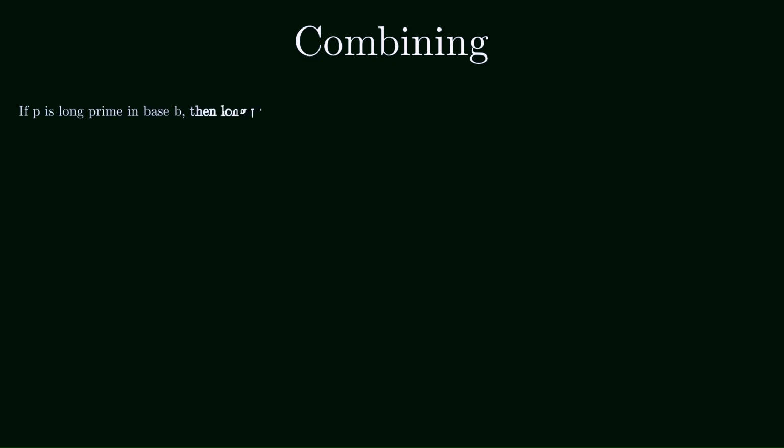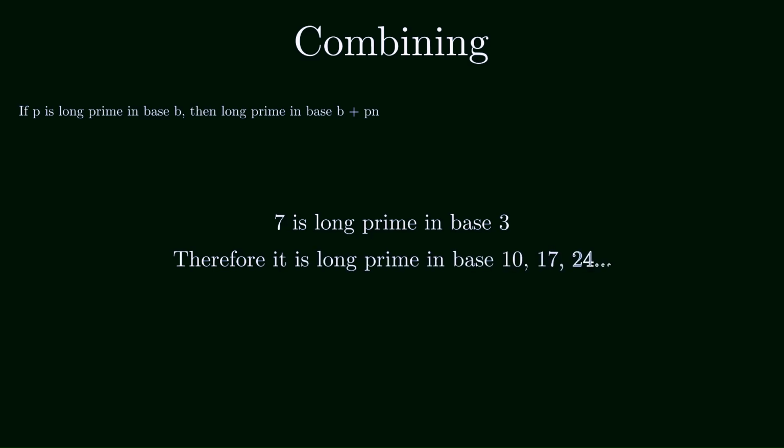But hold on, let's step back a bit and combine two of our discoveries to make one final cool realization. Like we mentioned before, if a prime number is long prime in some base, b, then it will also be long prime in any base that we obtain as long as we keep adding or removing p. For example, 7 is long prime in base 3, therefore it is also long prime in base 10, 17, 24, and so on.